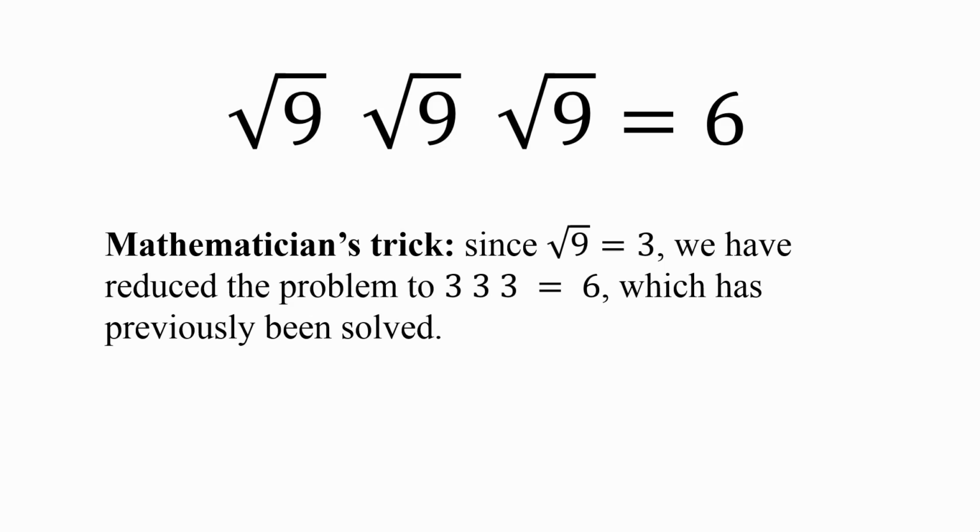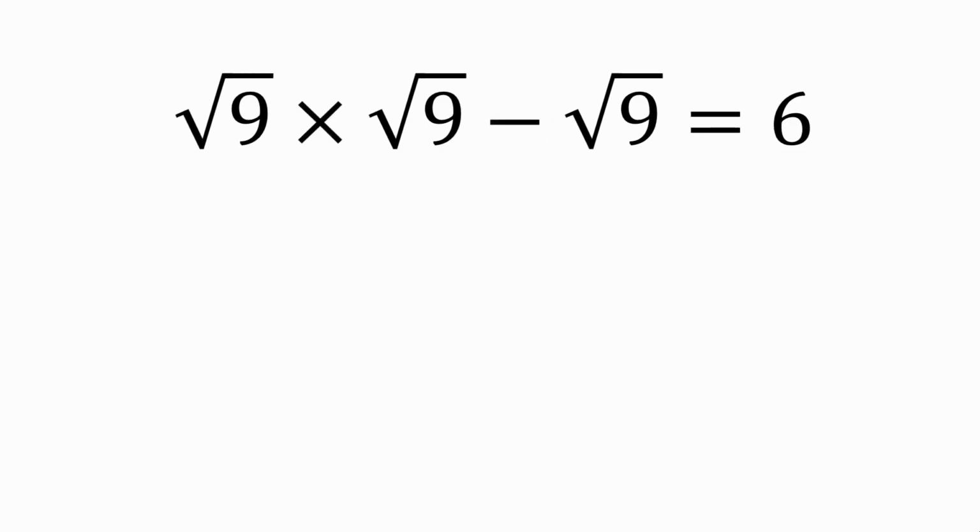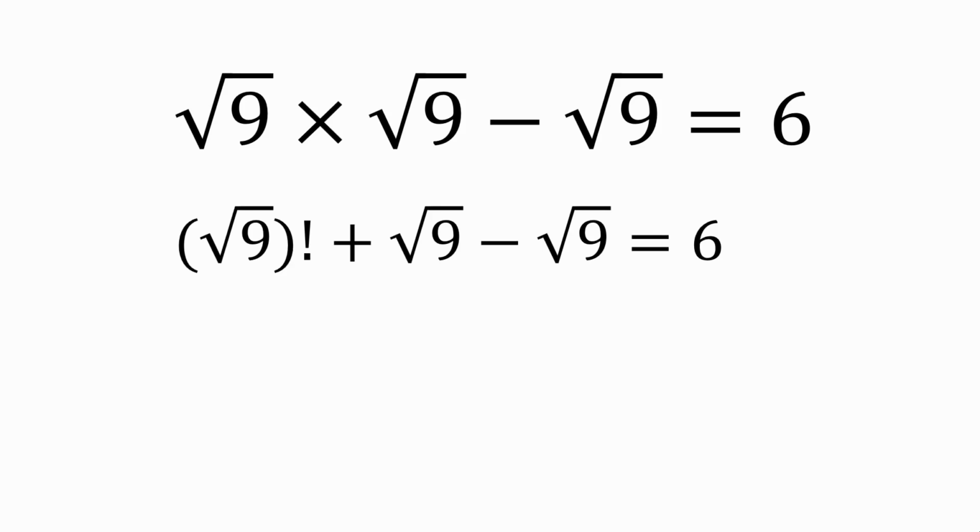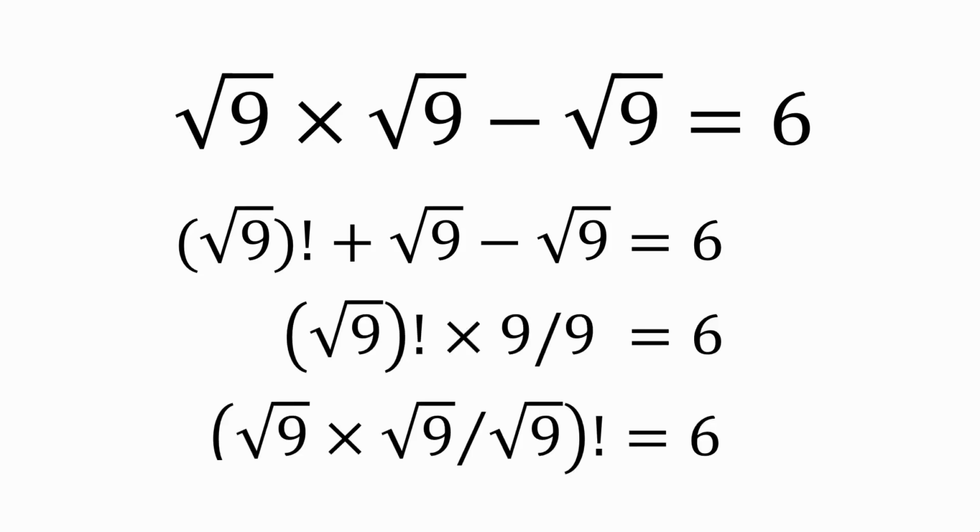Now let's go to 4 4 4 is equal to 6. Well, once again we can take the square root of each of these numbers. We have our handy trick. Since the square root of 4 is equal to 2, we have reduced the problem to 2 2 2 is equal to 6, and that's previously been solved. For example, we can take the sum of these numbers and that'll be equal to 6.